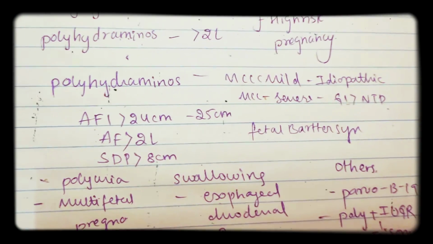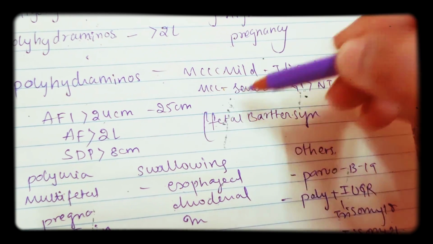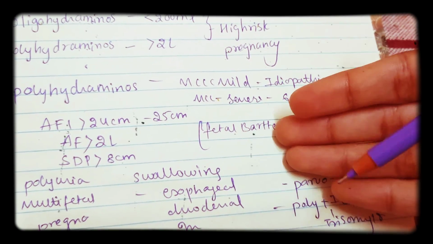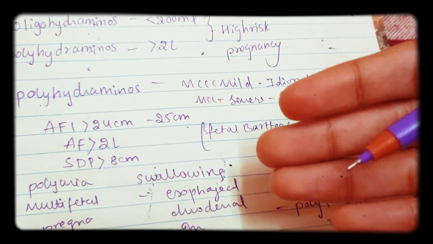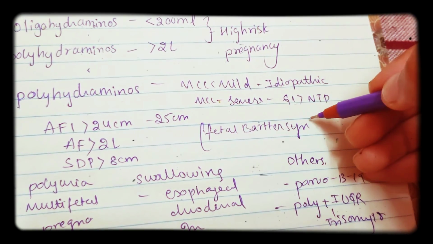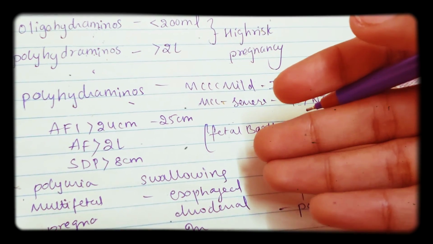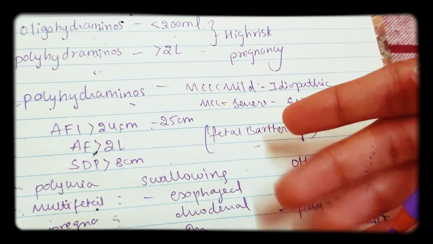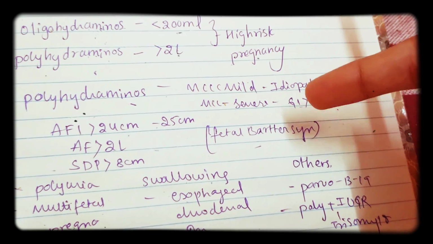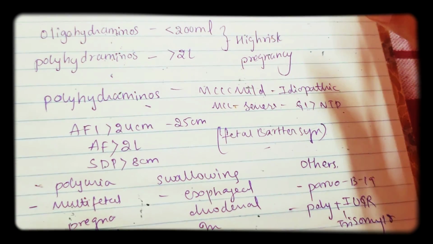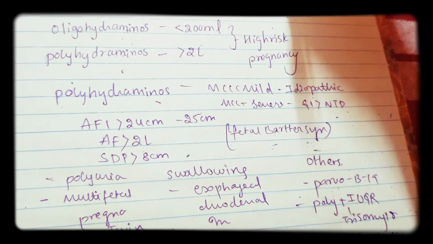In fetal Bartter syndrome, there is polyuria, salt wasting, and dehydration, which in turn leads to polyhydramnios. So this is a special case. Normally in renal problems you'll have oligohydramnios, but in fetal Bartter syndrome there is a renal problem with polyuria and polyhydramnios. So this is about polyhydramnios.